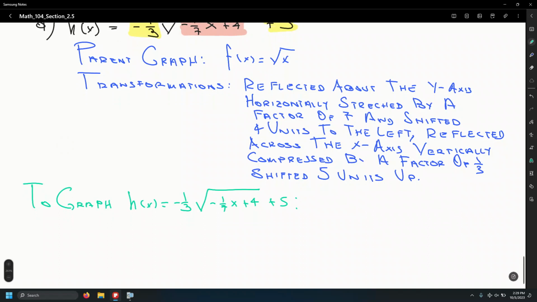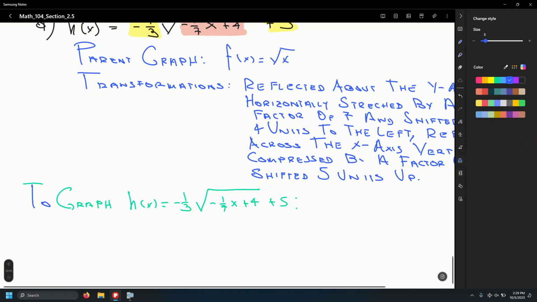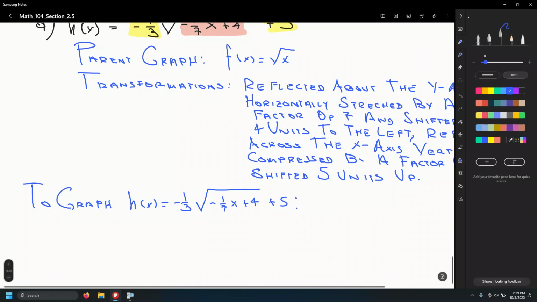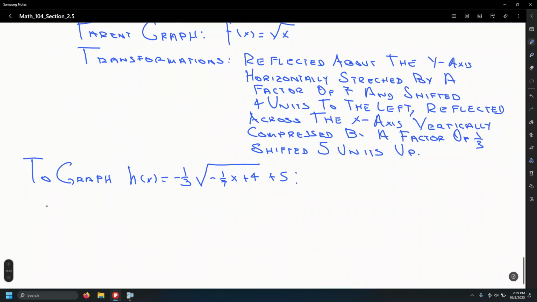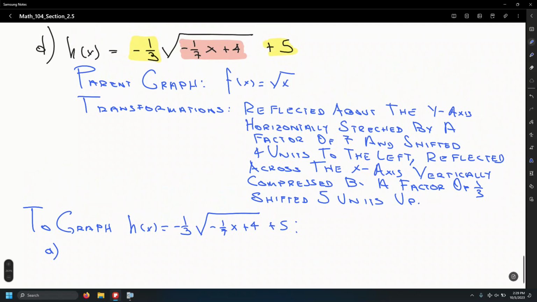Okay, number one, starting with the x coordinates. What are we going to do? Let's do the 1/7.